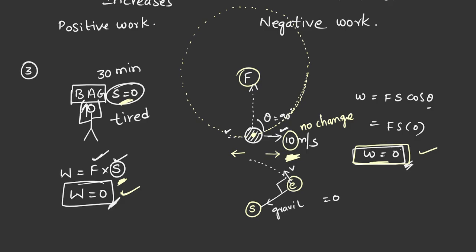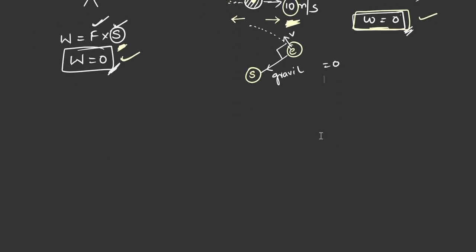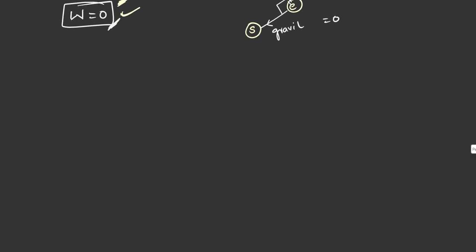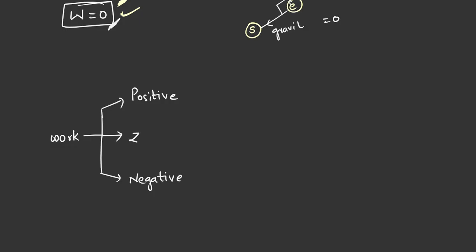So now let us revise quickly what we have discussed about the types of work. So this is work. This is positive work, and here I write negative work, and here I write zero work.